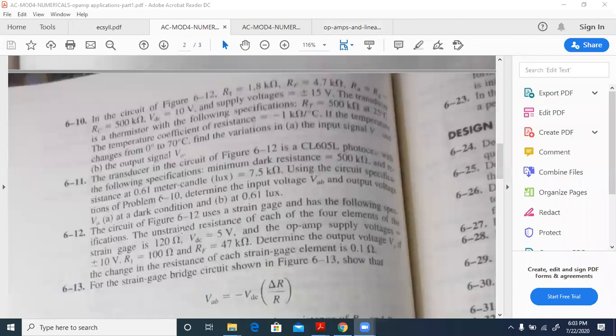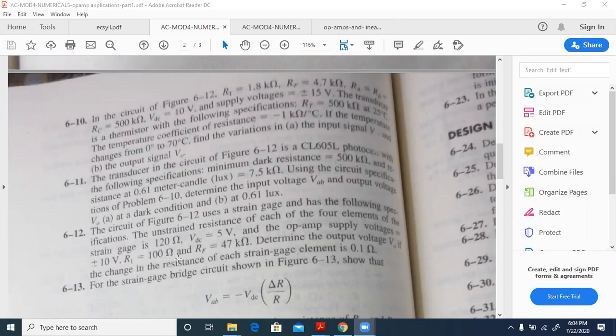The circuit of figure 6.12 uses a strain gauge. So in place of the thermistor or the photocell, we are now using the strain gauge, which has the following specifications. The unstrained resistance of each of the 4 elements of the strain gauge is 120 ohm. VDC is 5 volts and the op-amp supply voltage is plus or minus 10 volts.